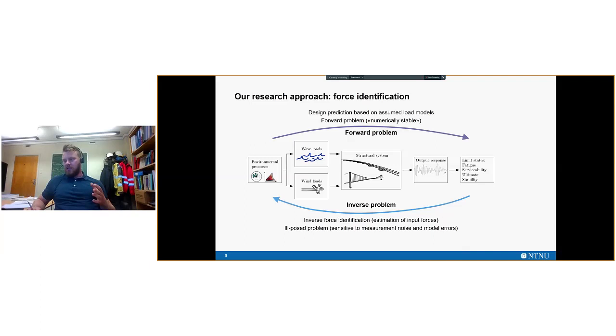So this is called force identification, or in more theoretical terms, sometimes we also call it estimation of input forces. However, this is not as easy as the forward problem, since it's highly numerically unstable. So the solution to this problem will always be very sensitive to noise in the measurement data or errors you have in your model. So this makes the problem quite challenging to solve.